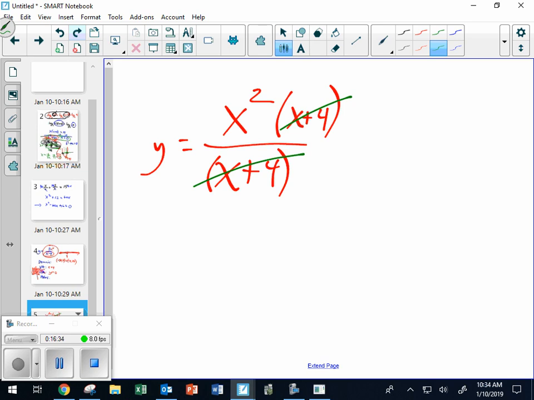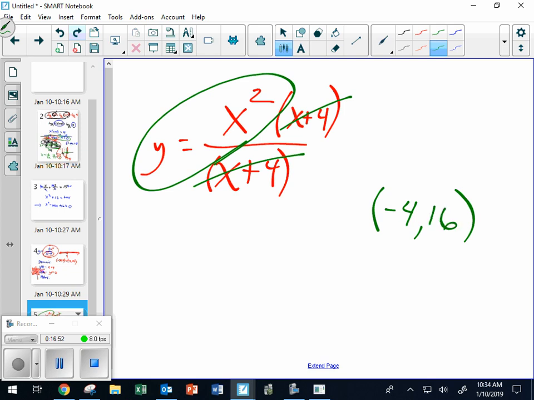So -4 creates the hole, but that isn't a point on a graph. It's -4 comma what? Well, you go stick your -4 back in this function and see what you get. And what do you get when you put in -4? 16. That's where the hole would be.